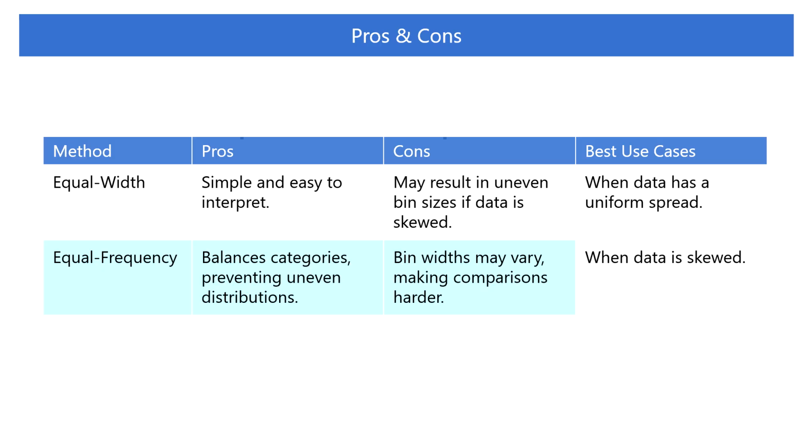However, in equal frequency binning, bin width may vary, making comparisons harder. Therefore, equal width binning is appropriate when data has a uniform spread, that is, evenly distributed. When data is skewed, equal frequency binning is better in many cases.